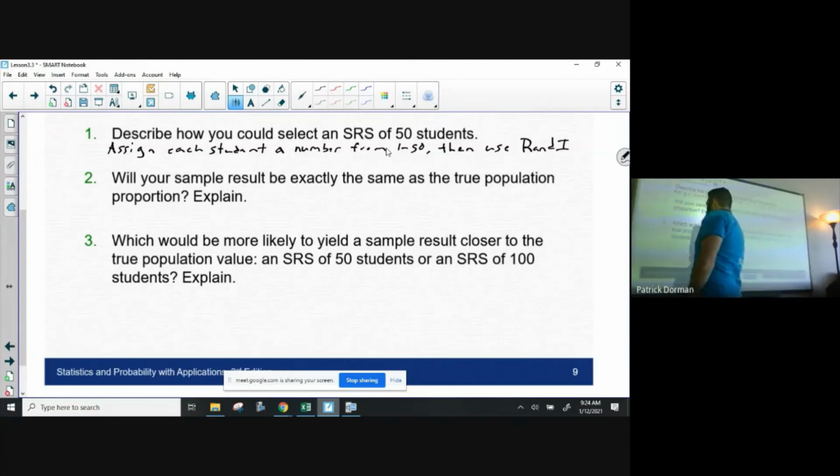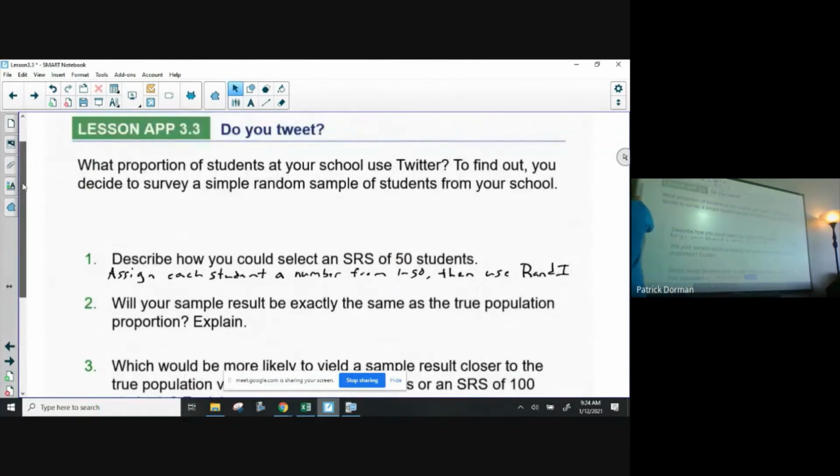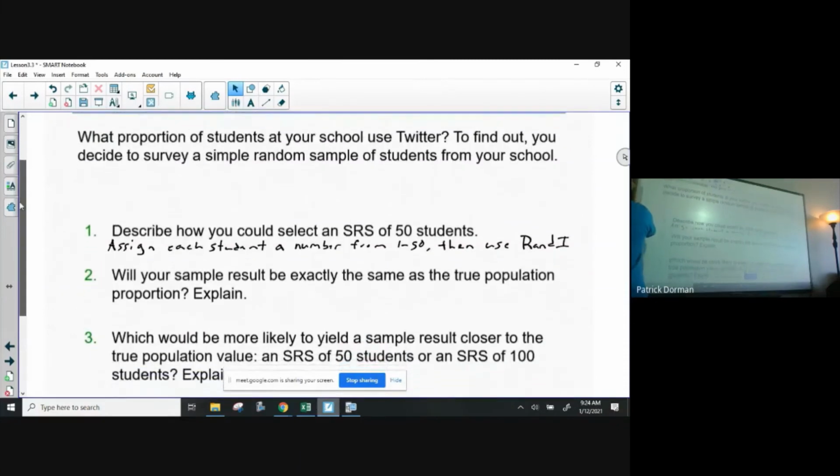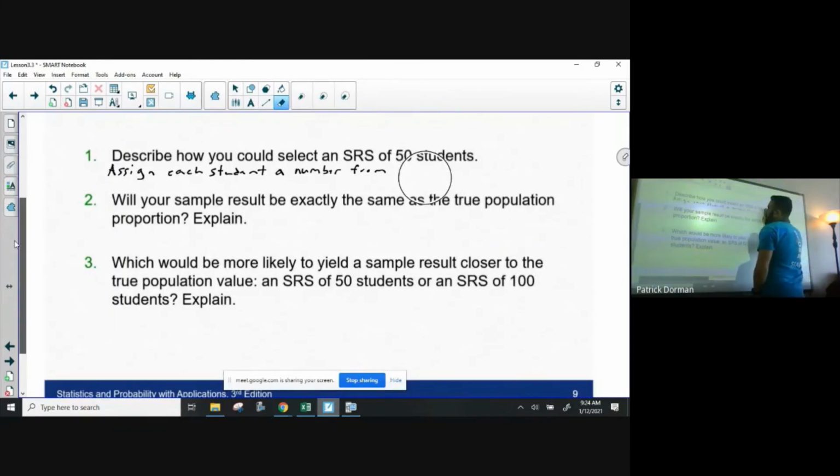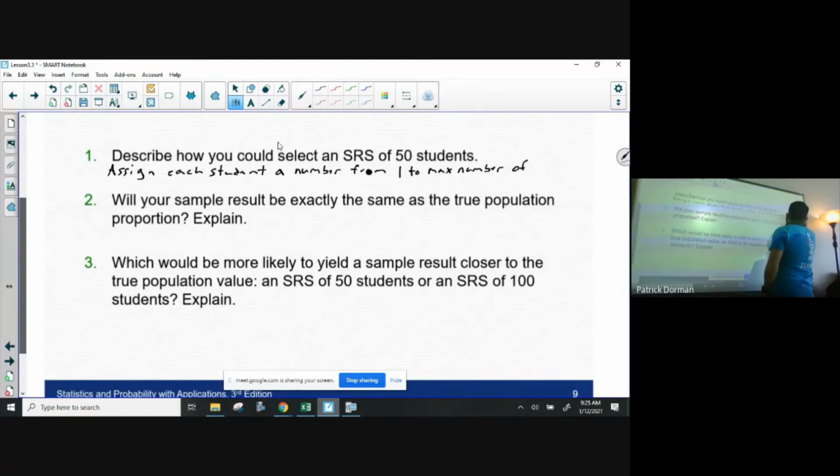Oh, wait, my bad. How many students are there? Every student in the school, sorry. My bad. From 1 to our max number. I guess it would be sufficient to say just assign each student a number.